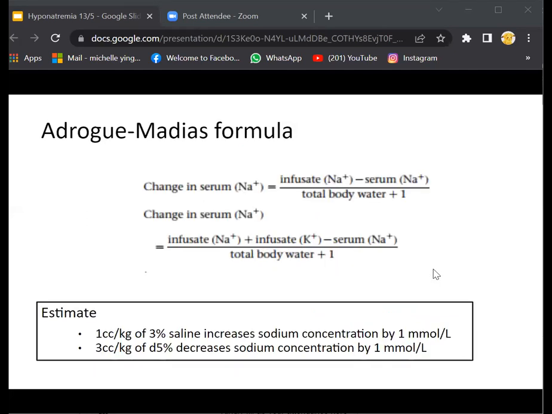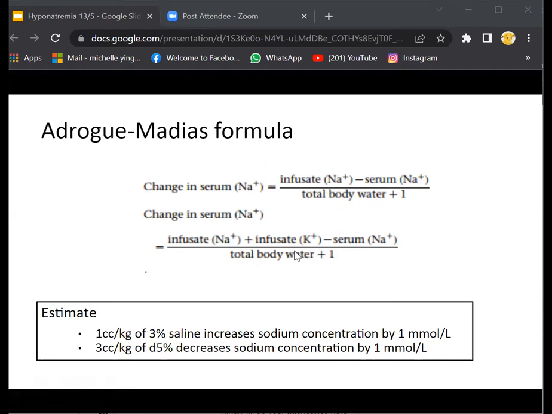This is a formula to estimate the change in serum sodium, which you can see. The top formula is the Adrogué-Madias formula, where the change in serum sodium can be predicted when you infuse sodium: infusate sodium minus your serum sodium, over your total body water plus 1.